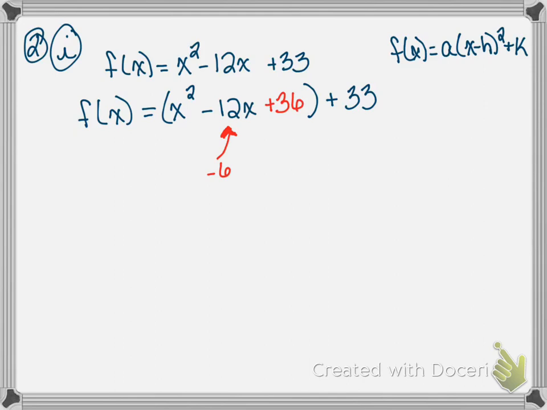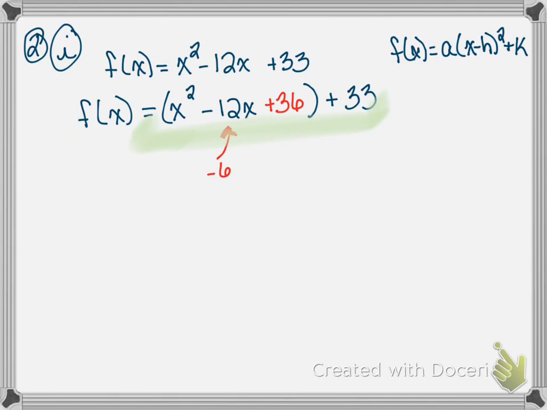I got 36 by taking half of negative 12, which is negative 6, and then I squared it. And when I squared it, I got 36. Now, I have to keep this balanced, and I am working on the same side of this equation right here. I'm not adding anything to the f of x side. I am just working on this one side right here.